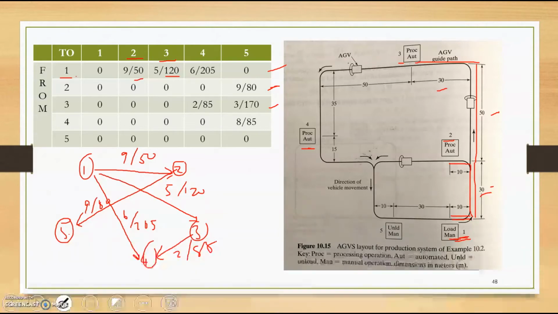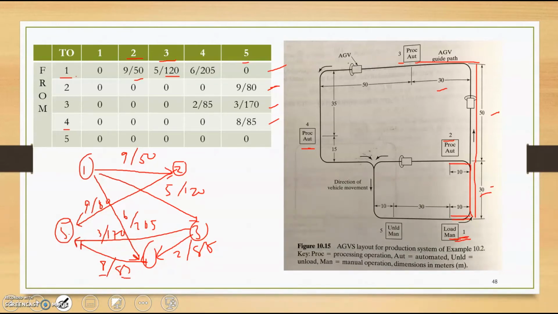Then we have from 3 to 5. This is 3 to 170. And the last one is from station 4 to station 5. This is 8 to 85. So 8 deliveries per hour, 85 meters.